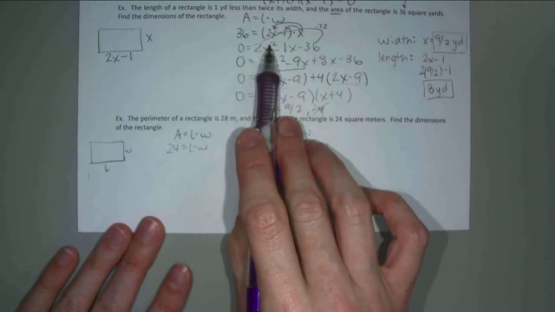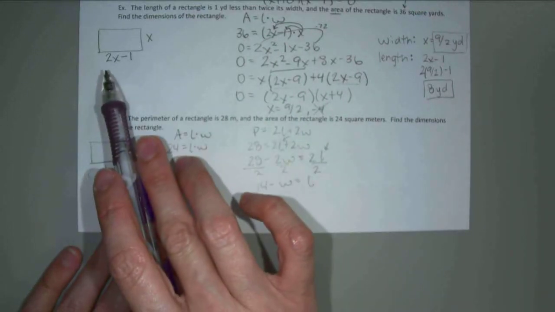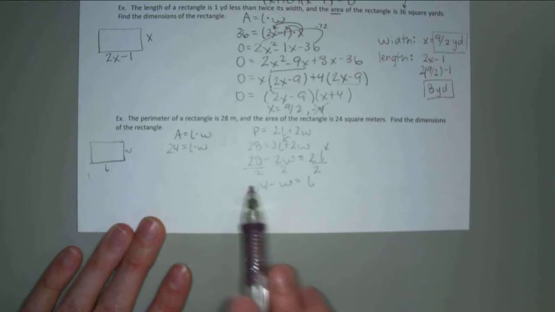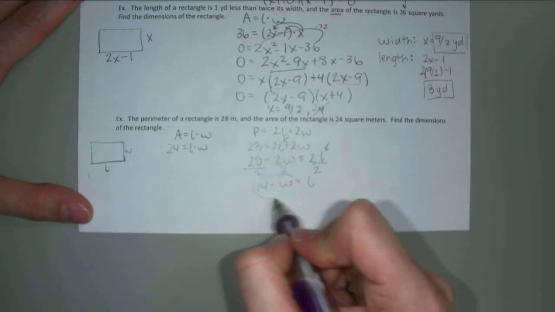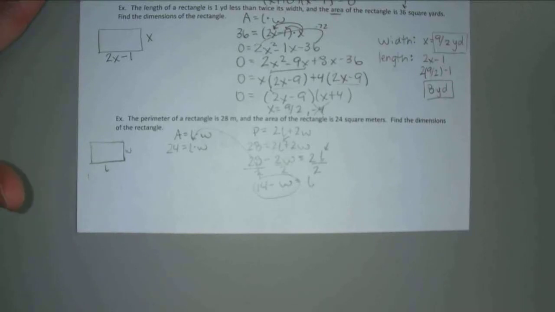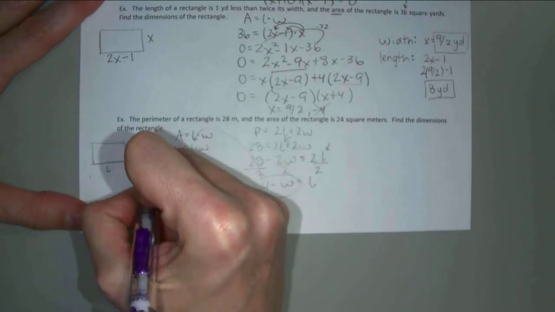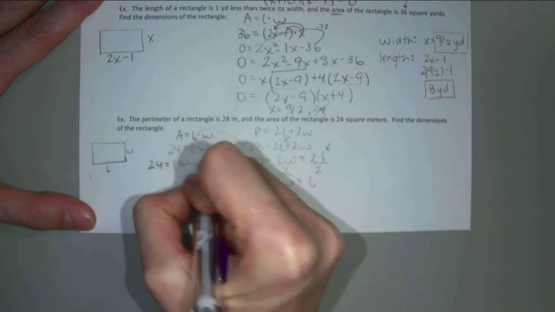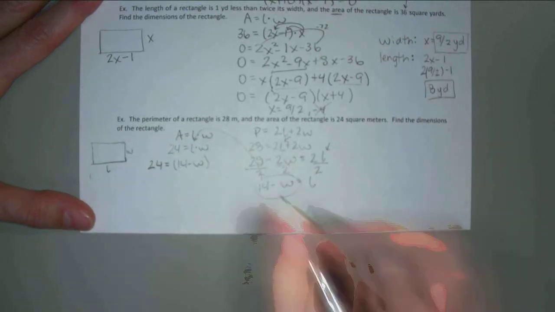Remember, we had our length in terms of our X, 2X minus 1. Well, we now have our length in terms of W, 14 minus W. So guess what I can plug in for L over here? 14 minus W. Over where we have the area, we're going to have 24 equals our length, which is 14 minus W, times our width, which is W.